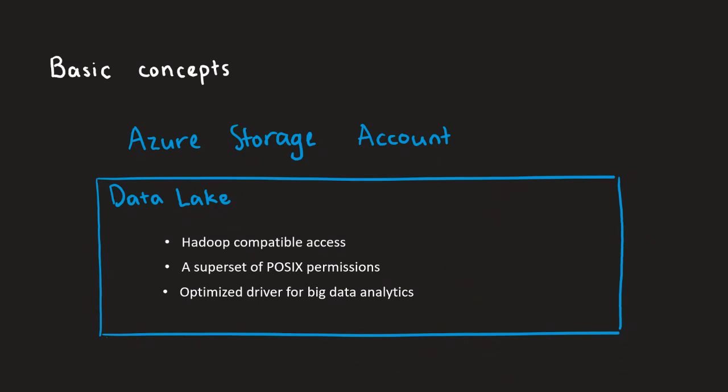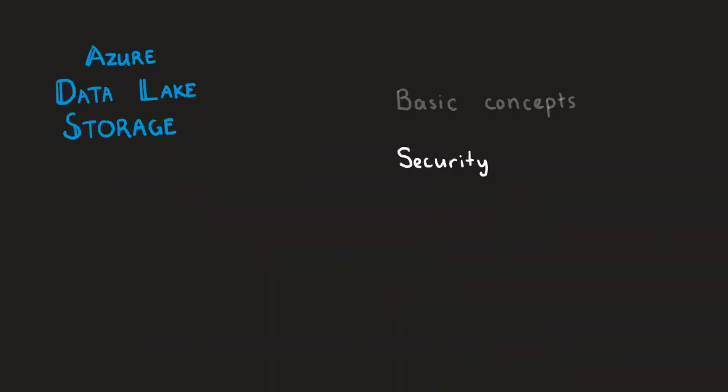So it might look like just storage on the surface and just a file system that you can chuck all your files into, but there's a whole lot of capabilities that make it much more performant for analytics workloads and querying the data, even in flat format in that data lake. So now we've set the stage. We know what we're talking about. We are talking about a service within the Azure Storage Services, which has been built upon the Blob storage services that have been there before, which means we get some blob storage capabilities, but we also get some big data analytics capabilities on top of that.